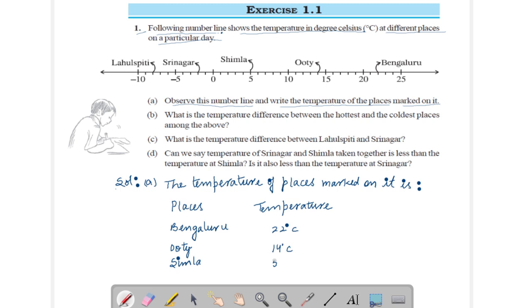Then Srinagar, temperature is minus 2 degrees Celsius. And Lahaul Spiti, temperature is minus 10 degrees centigrade.